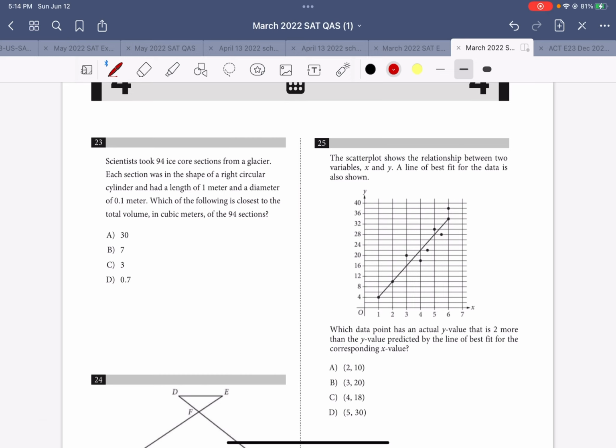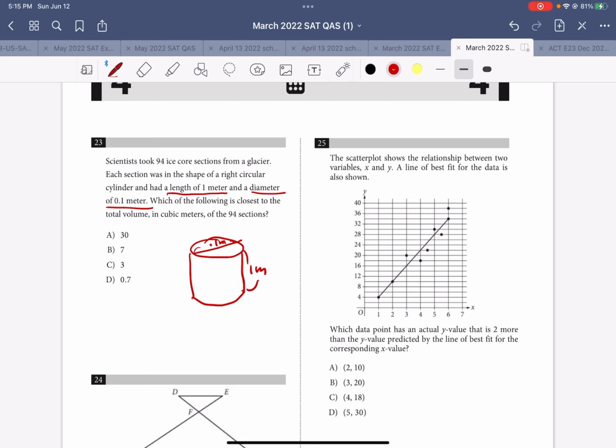Number 23. Scientists took 94 ice core sections from a glacier, and each section was in the shape of a right circular cylinder, with a length of 1 meter and a diameter of 0.1 meter. Let me draw one cylinder shape. It is 1 meter in length and 0.1 meter in diameter.